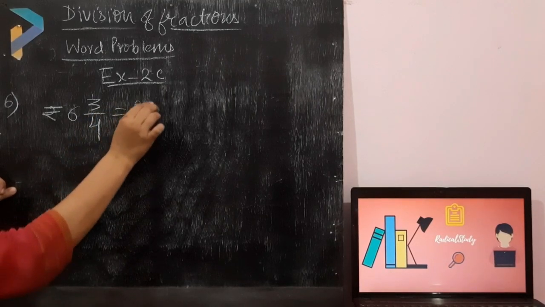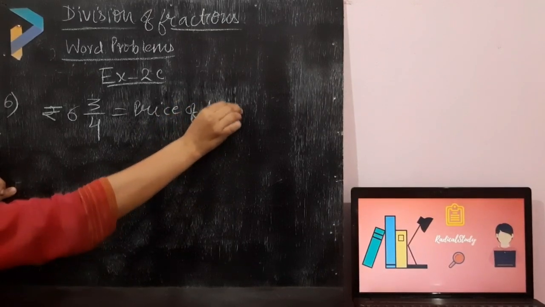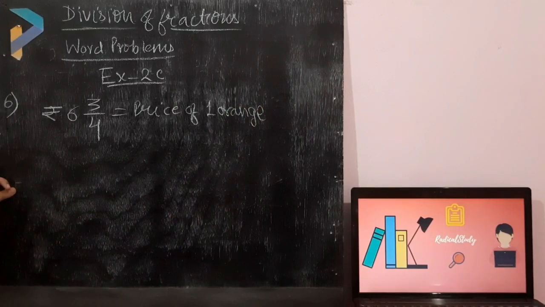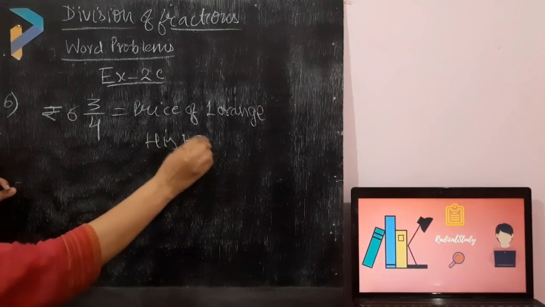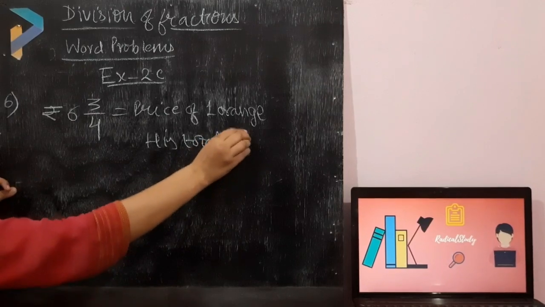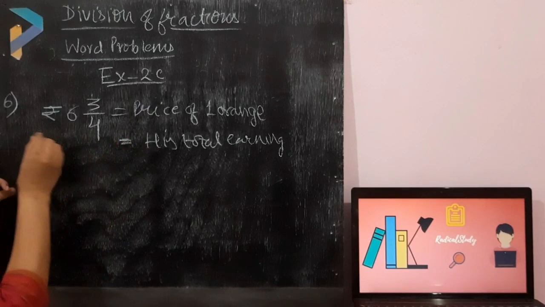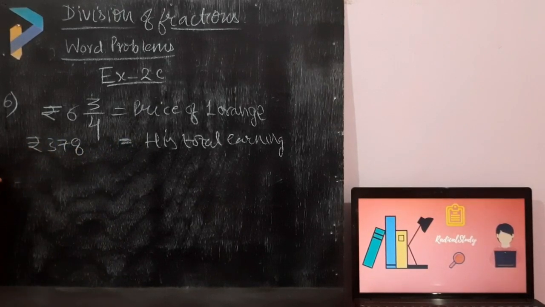Okay, students. Now, how much has he earned after selling the oranges? His total earning is rupees 378. He has earned rupees 378 by selling the oranges.